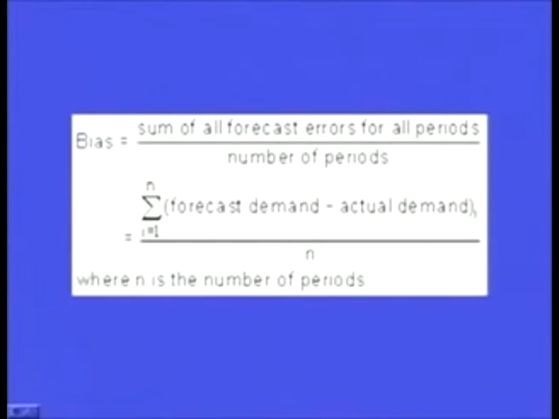So these two performance criteria will be used to judge the performance of our forecasting method. So we have seen a number of forecasting methods today, and these two criteria, there can be other criteria also, on the basis of which we can see that the methods we are using for forecasting are appropriate, accurate, precise or not.